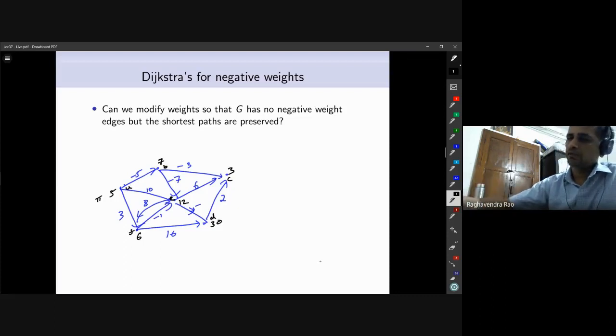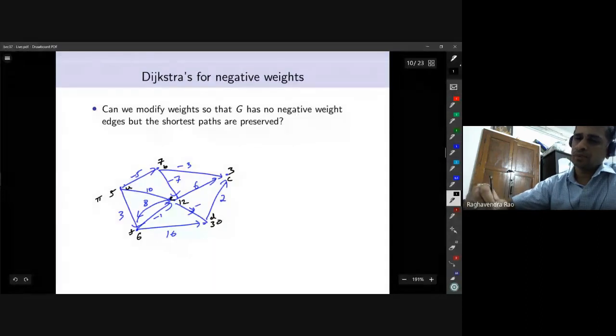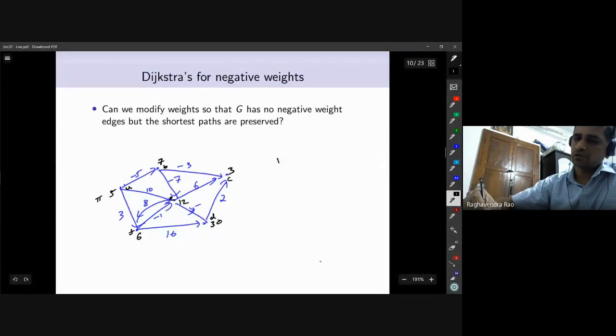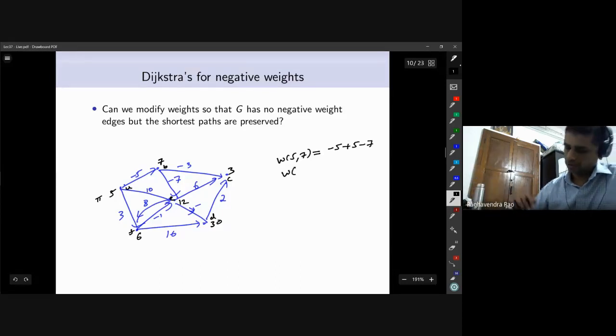Now the weights are modified. Let's suppose we modify the weights the following way. Weight of AB is equal to -5 plus 5 minus 7.